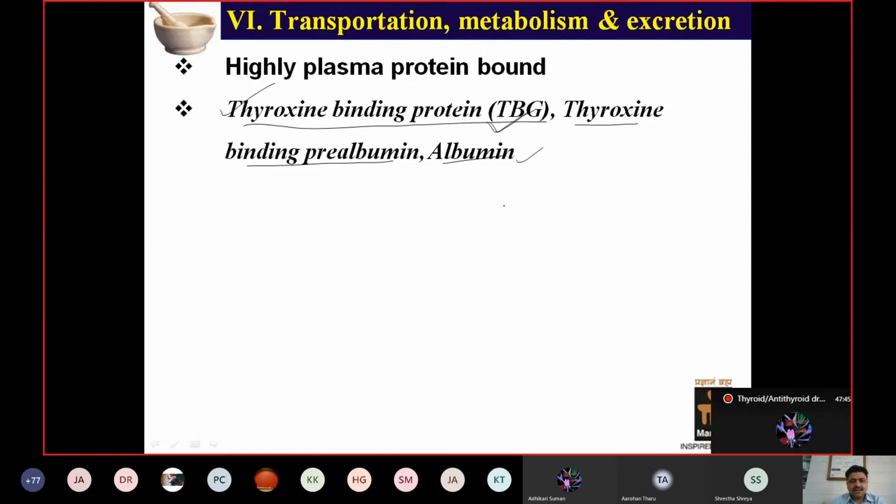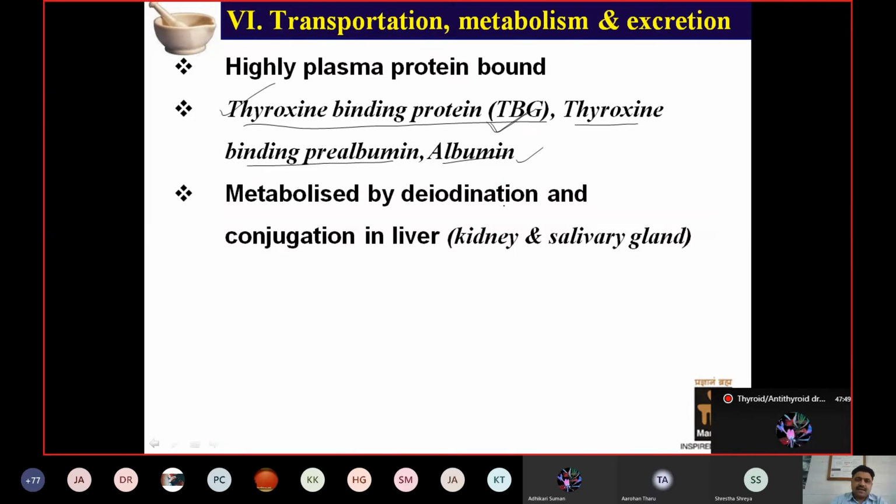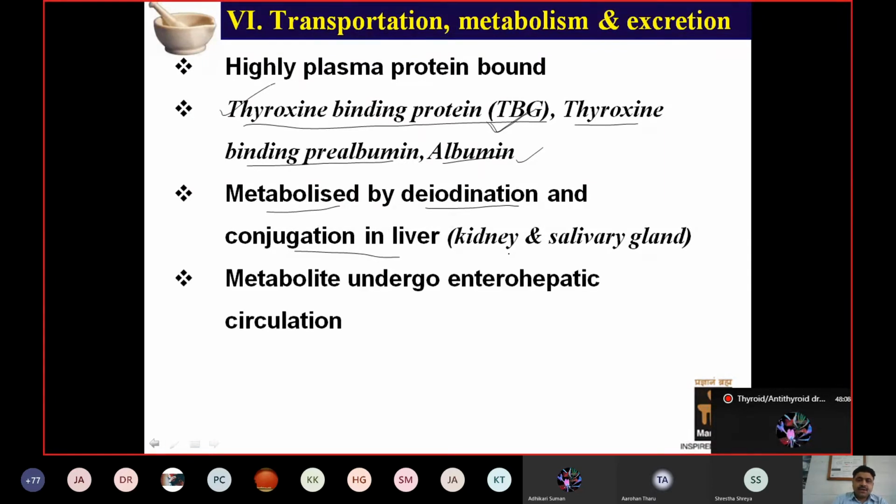The free hormone is metabolized by deiodination, where the iodine is removed, and by conjugation in the liver, and generally it happens in kidney and salivary gland. This metabolite also undergoes enterohepatic circulation.